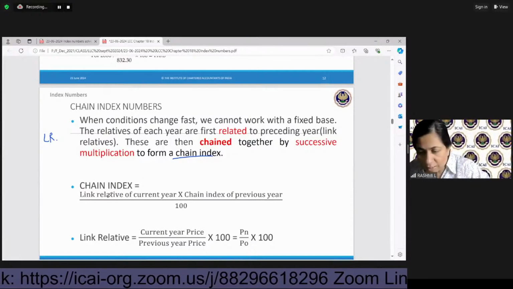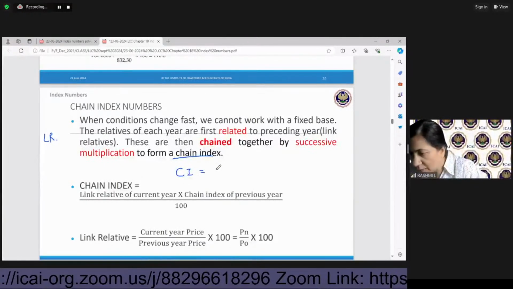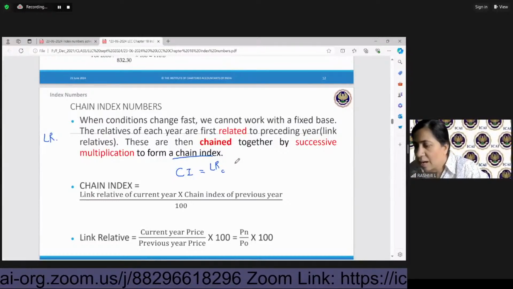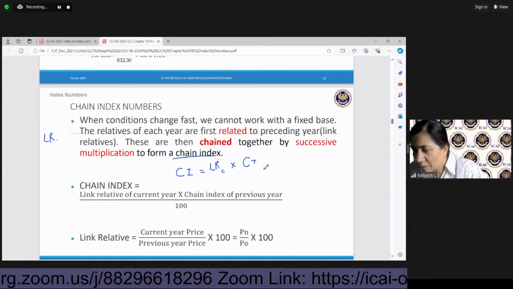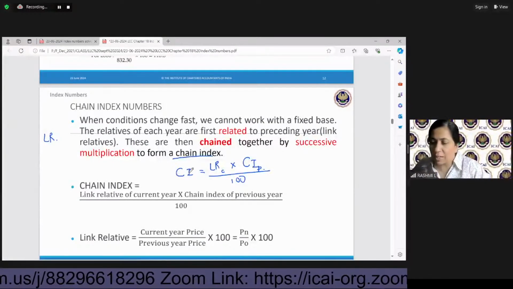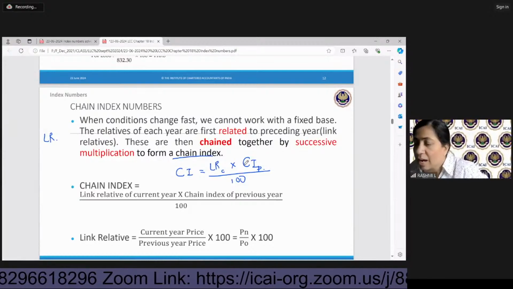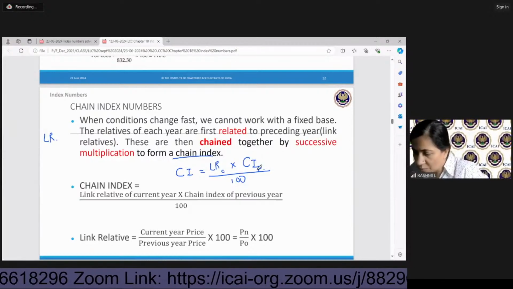So what is chain index? Chain index is the link relative of the current year into the chain index of the previous year upon 100.